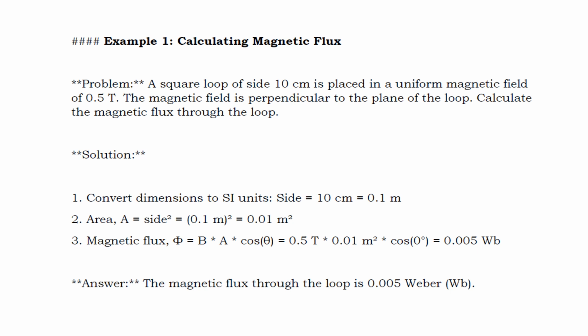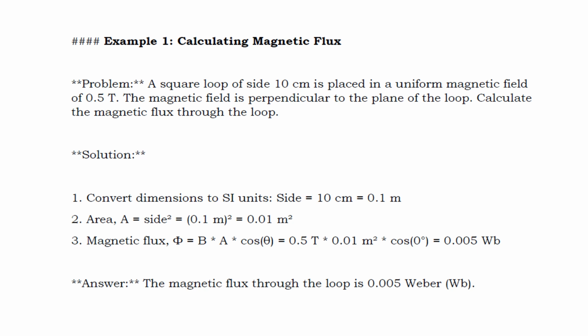So just like what we are doing in a normal classroom, usually we begin with what are the givens. So we have the side, 10 centimeters, which can be converted into 0.1 meters.